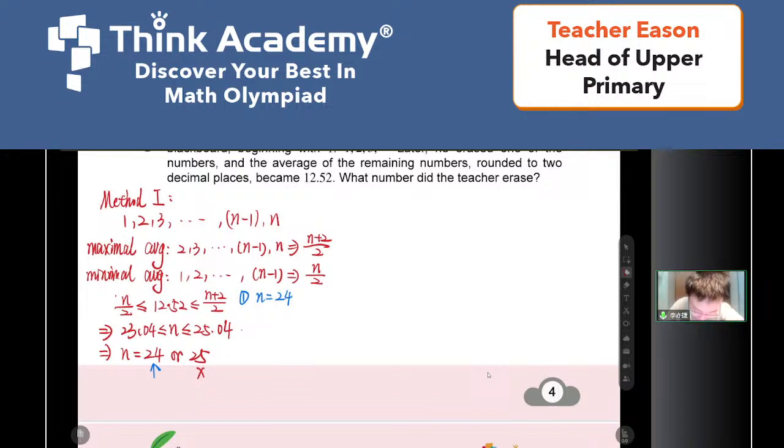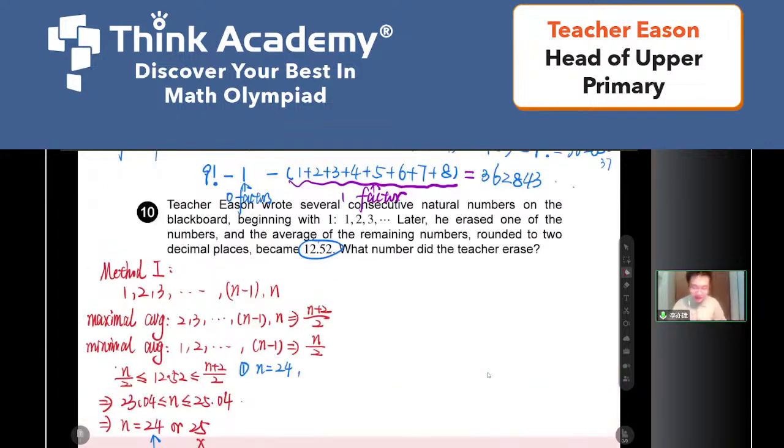So 1 to 24 is what? Maybe we don't need to calculate 1 to 24 because we can start with this average. You know that this average is not an actual value because it is rounded to 2 decimal places, which means the original value should have a range.